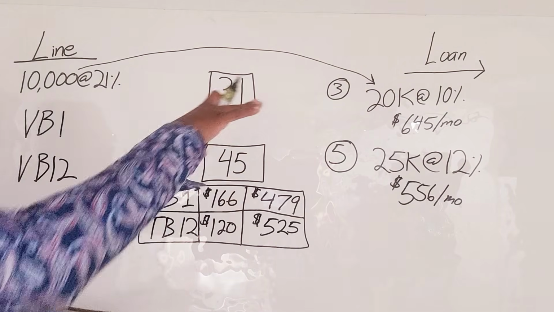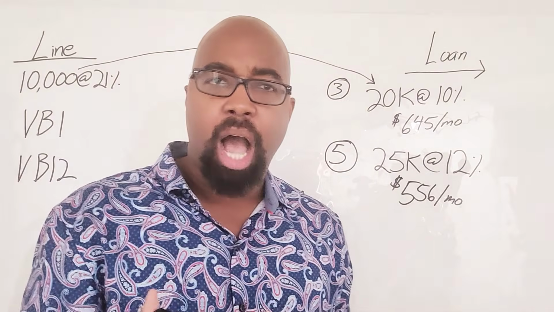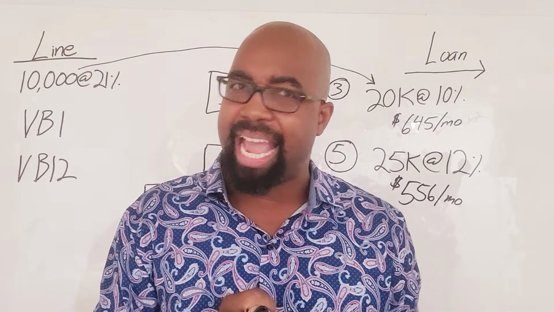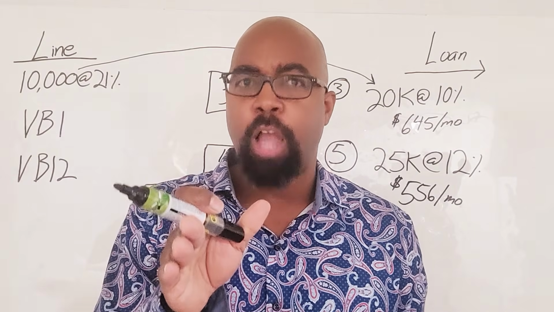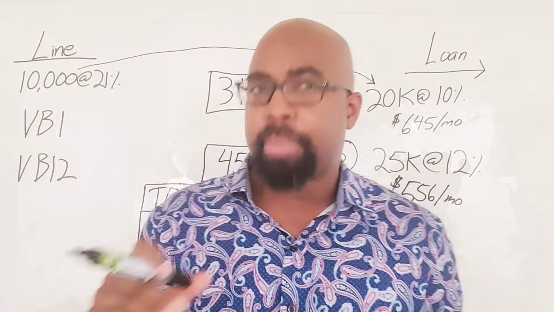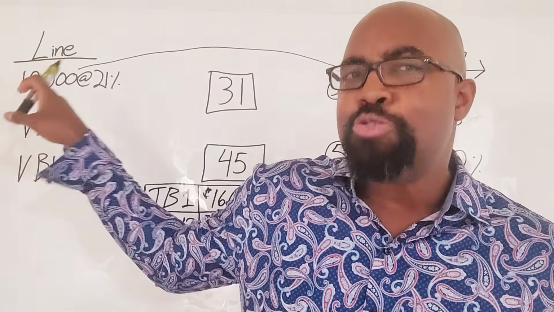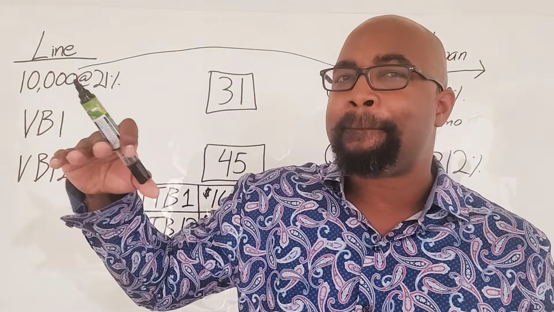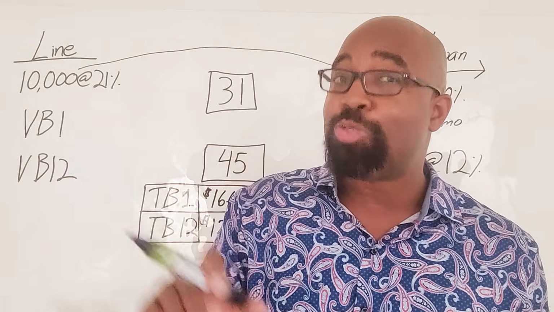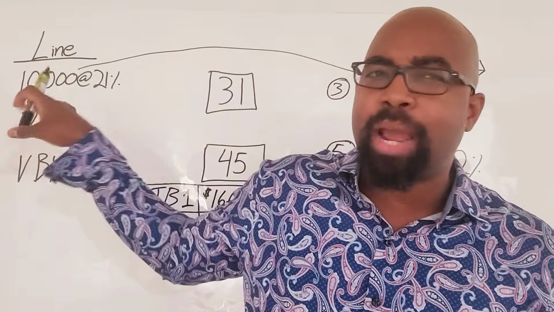So if you were to continue with this loan and you were to use the velocity banking concept of every, let's see, what did we say our cash flow was? $2,000? Okay, so that $2,000 is what's going to be paying that line of credit down because you're going to use your line of credit as your new checking account. So 10,000 divided by 2,000 is what? 5 months. So you're going to be getting rid of this line of credit in 5 months.